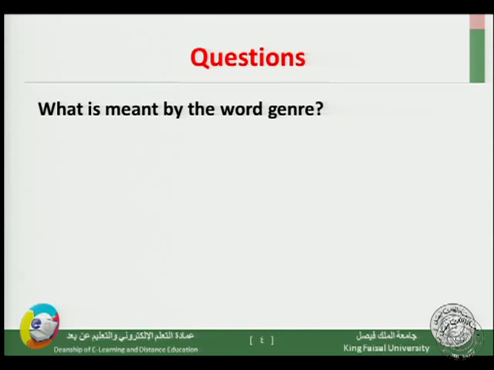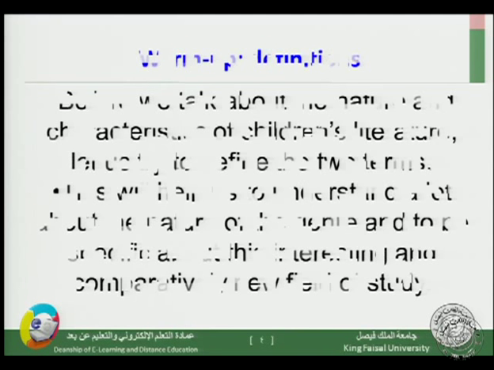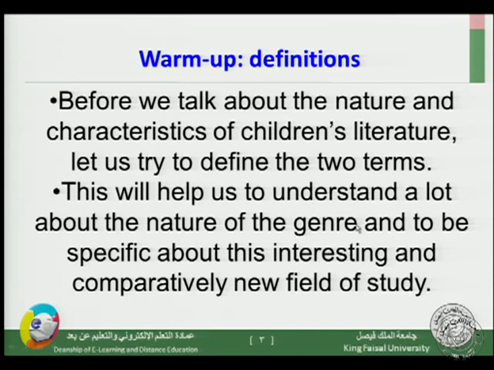First of all, what is meant by the word genre, which appears here in this slide? We had it more than once, in The Rise of the Novel and in the modern novel. What is genre? Before you move to the next slide, you have to know what genre is. You should make use of the information that you get in one course in order to benefit in the next course.